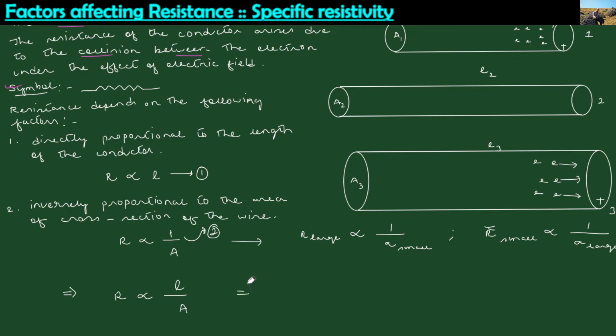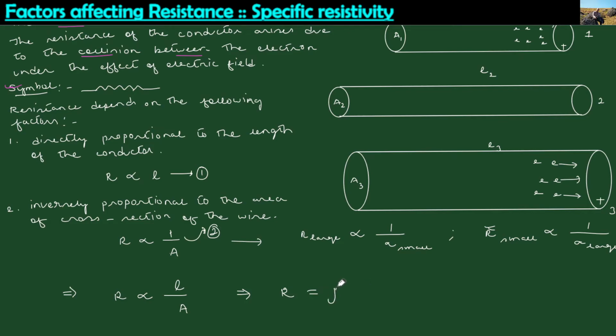And in physics, we have to remove this proportionality sign by writing an equal sign and a constant of proportionality.